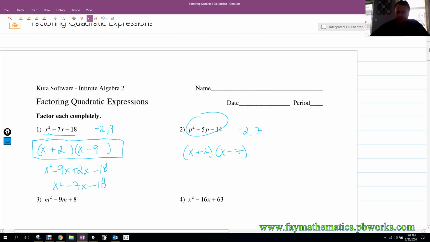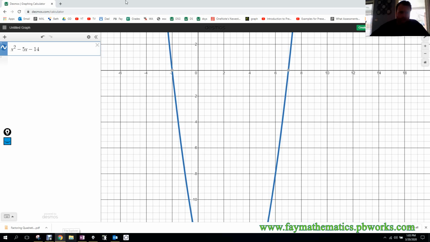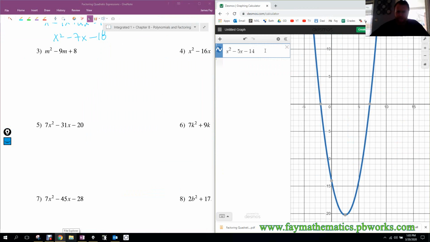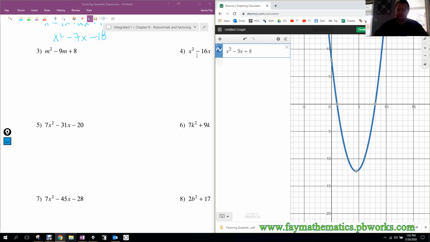Okay, do another one. Let's go m squared minus 9m plus 8. Do it that way. And here we see +1 and +8. So 1 and 8. Then it's going to be x minus 1 and x minus 8.